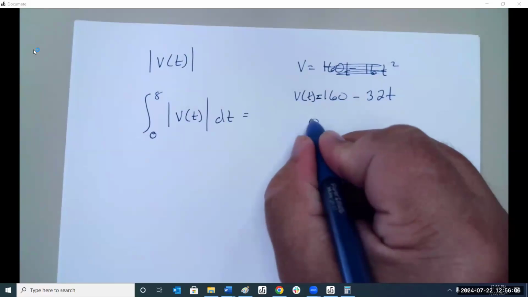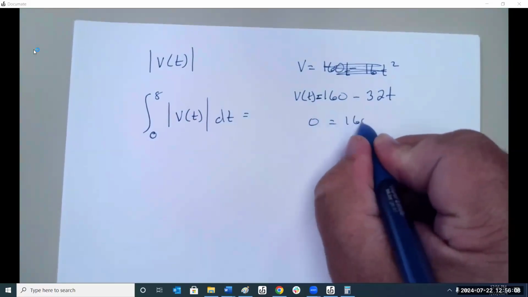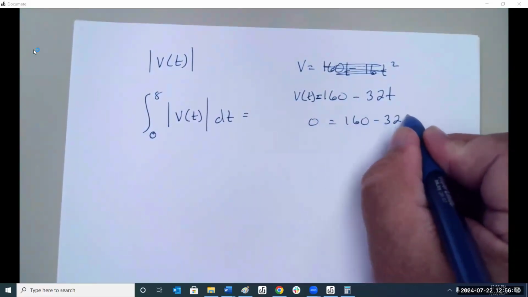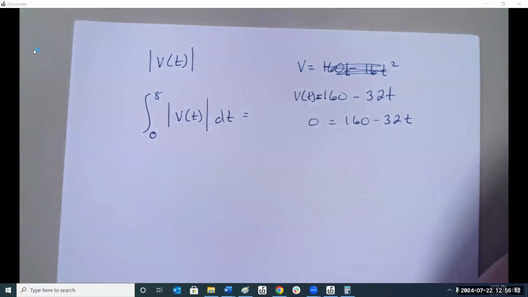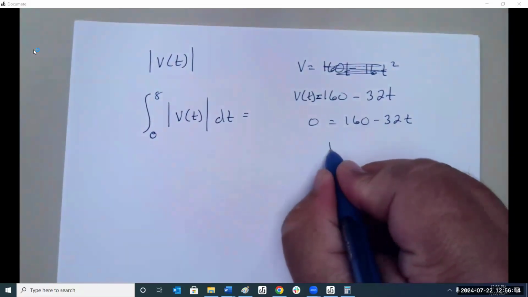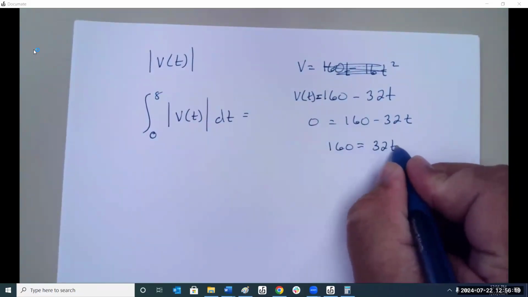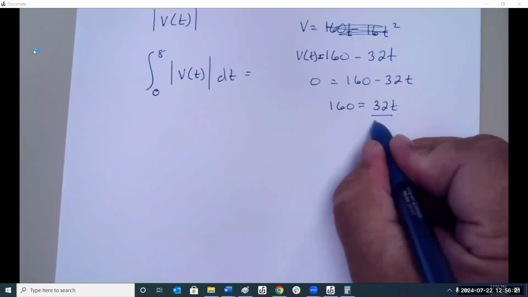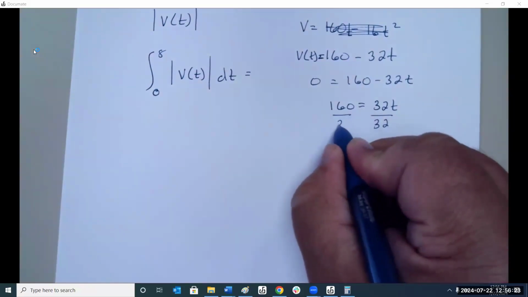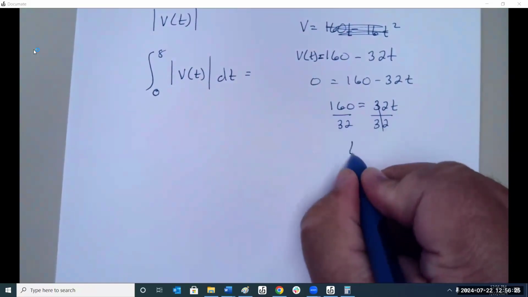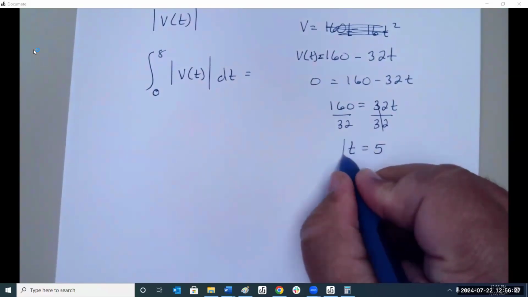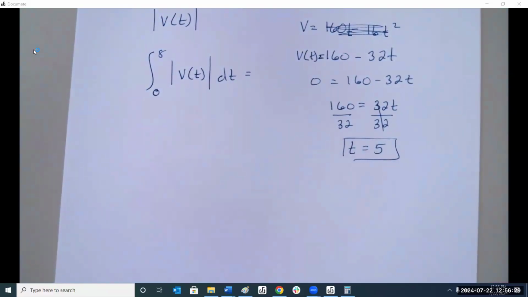What we have to do first is set that equal to 0. We have to find out when it reaches its top. The change happens after t equals 5 seconds.